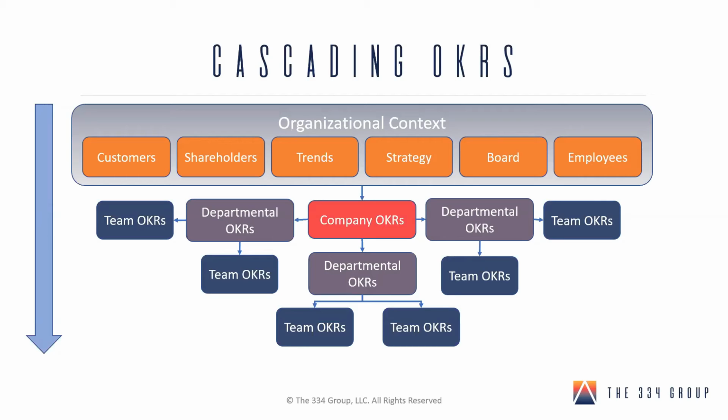While this can be a very straightforward way to create alignment to top-level objectives, it has some pretty significant risks that we need to consider. First, there's no feedback loop and very little autonomy for individual contributors. While I might be free at my level to decide how to best achieve my OKRs, I have little control over what those OKRs are.